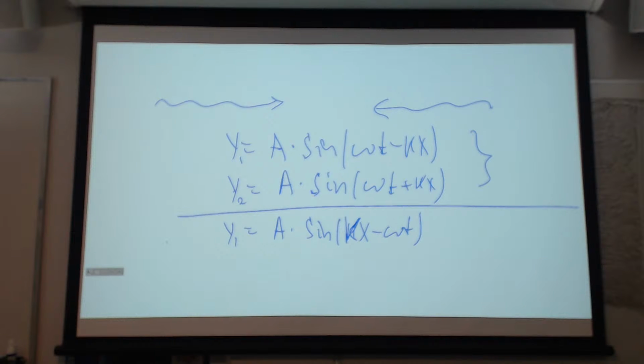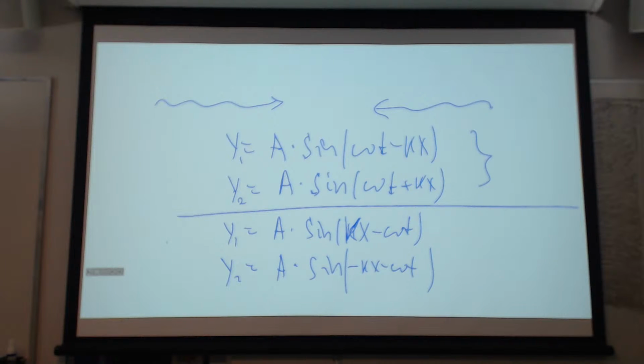But you have to remember that for each wave traveling in one direction, we have to use the wave traveling in the opposite direction. They just change the plus or minus for that inside. I think here you should do negative kx minus omega t.